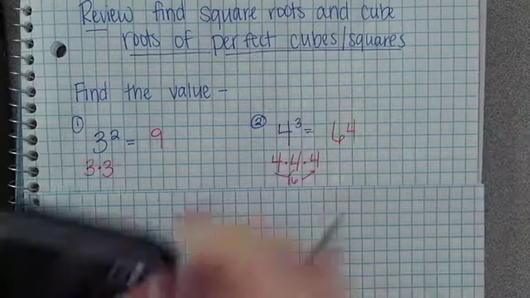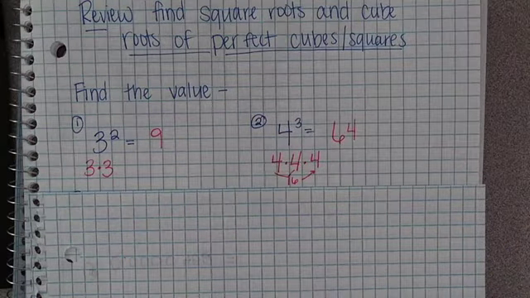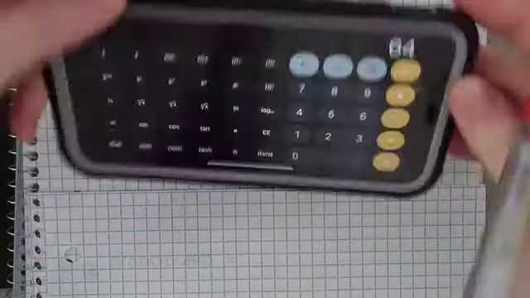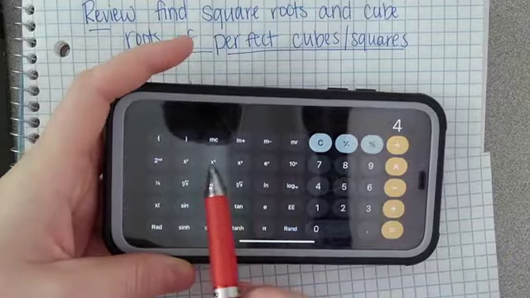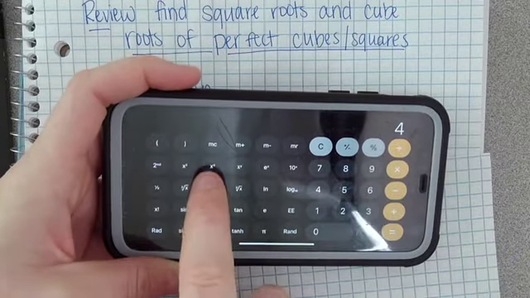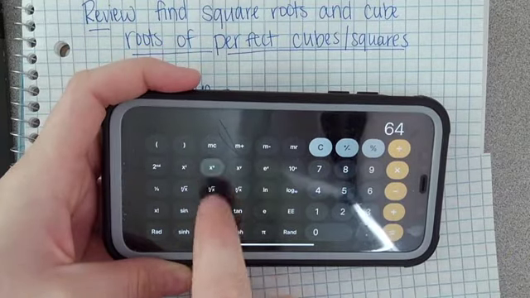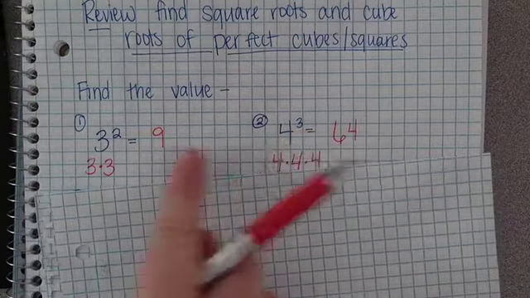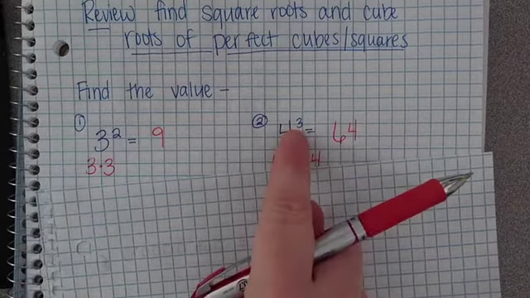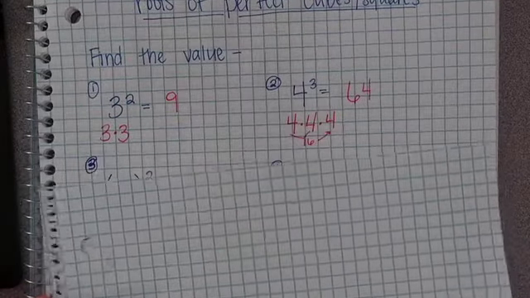Depending on what type of phone you have, you can turn your screen and do 4 and then hit that little cubed button, x cubed, and it'll give you the answer of 64. So just remember that the exponent is just telling you how many times to multiply that number times itself.